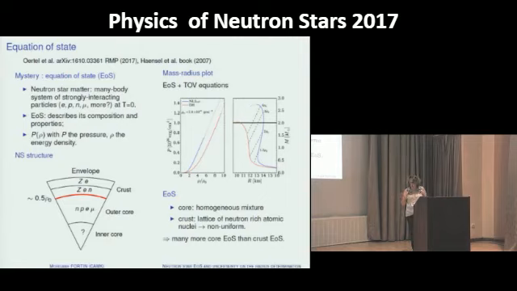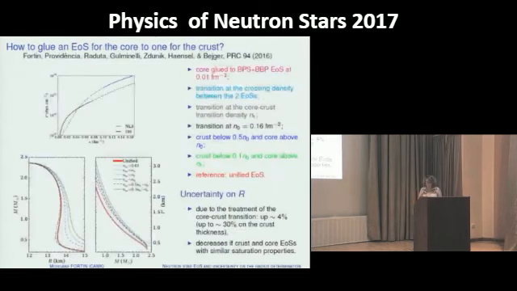In particular, you have very few unified equations of state. Unified in the sense, as was mentioned in the previous talk, that the same nuclear interaction is used to calculate the core and the crust equation of state. So what people usually do, and what I also did, is to take an equation of state for the crust, an equation of state for the core, and then try to connect them.